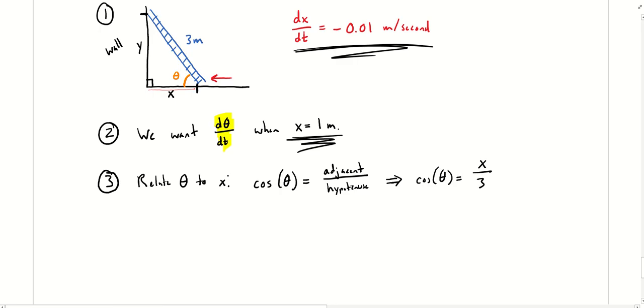Okay, now from this step, we can do two different ways of approaching this. We could go ahead and use this in step 4, implicitly differentiate this with respect to time, or we could do something a little bit different. It depends on your approach and your comfort level. Both will get you the same result. But I want d theta dt, and theta right now is buried in this cosine function.